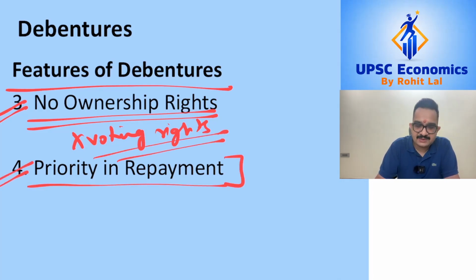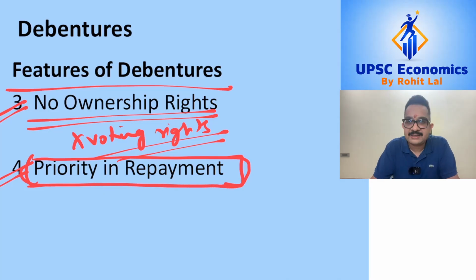Now, a benefit which debenture holders have over shareholders is that they are given priority when it comes to repayment. By this we mean that, let's say a company has raised money via debentures and that company becomes bankrupt for any reason.